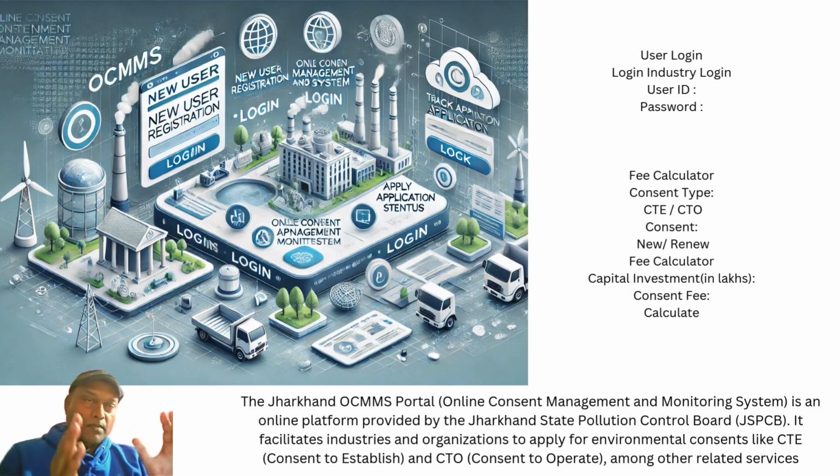Now, it is a menu-based form, where you have to fill up the details about the industries, such as the type of the industry, whether it is red, orange, green or white category, location details, water and energy usage, and emission and waste management systems. Now attach the required documents as per the list which I am going to describe below. You also have to pay a fee for obtaining these permissions.